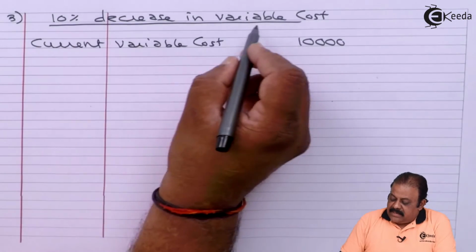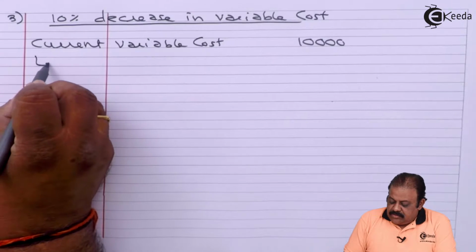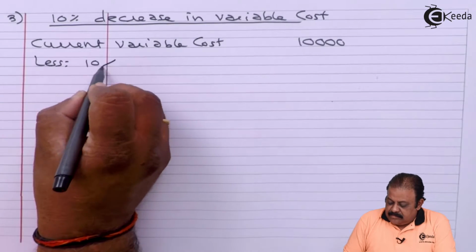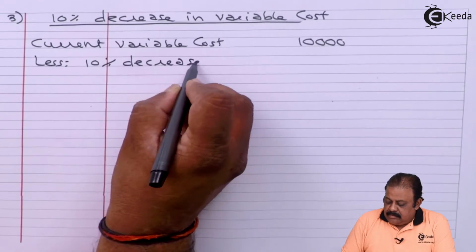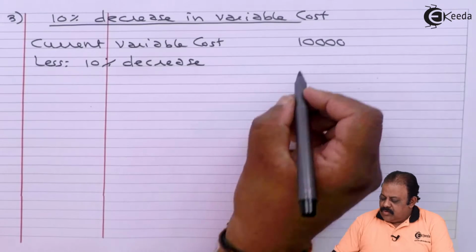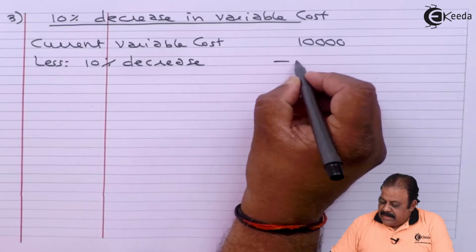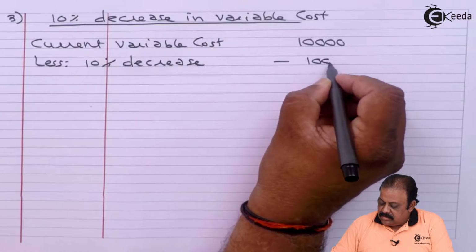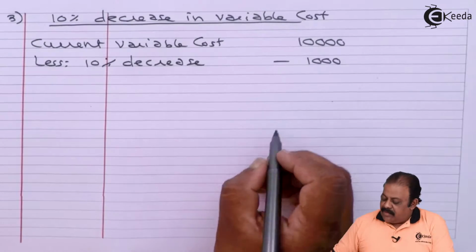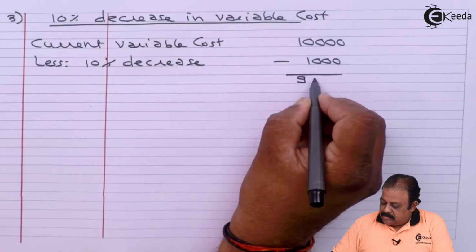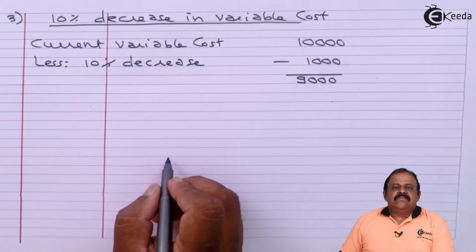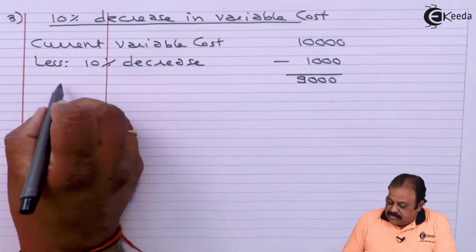There has been a 10% decrease in variable cost. 10% of 10,000, decrease is 1,000. So 9,000 is the revised variable cost.